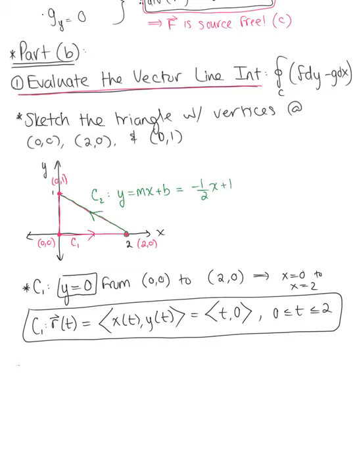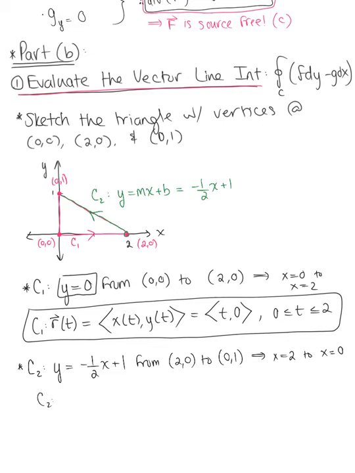So in defining our second curve, C sub 2, we have y is equal to minus 1/2 x plus 1 from the ordered pair 2, 0 to the ordered pair 0, 1. So in other words, we're moving from where x is equal to 2 to where x is 0. So our bounds are changing here.